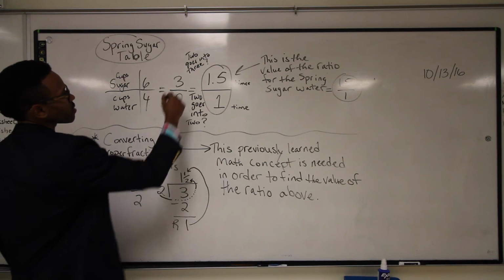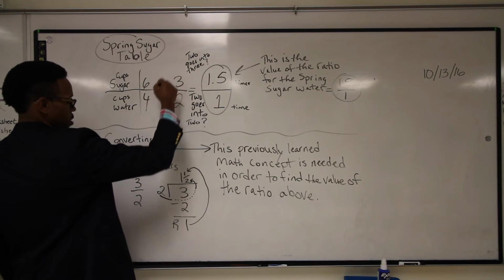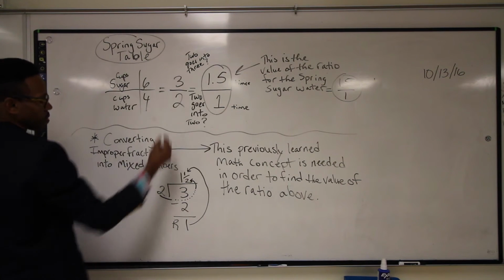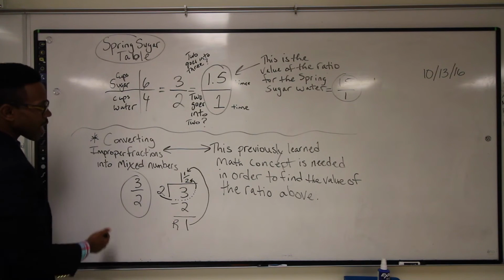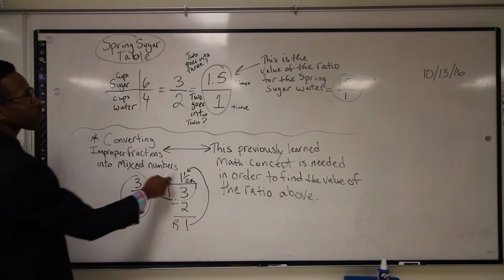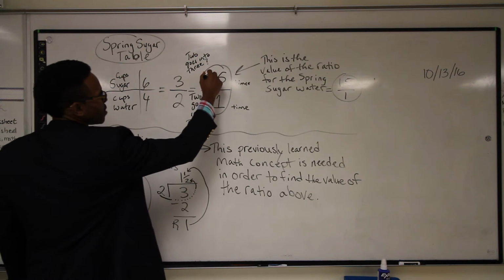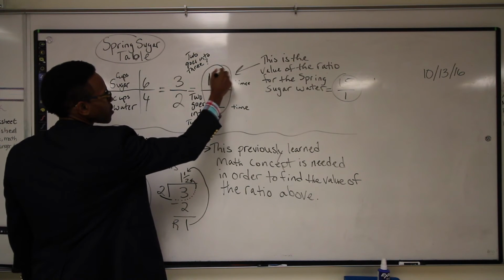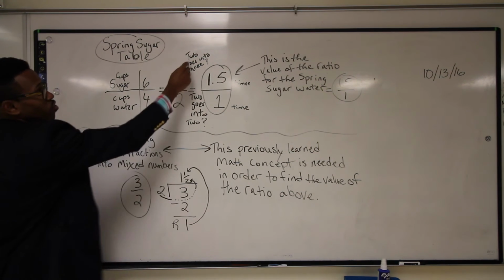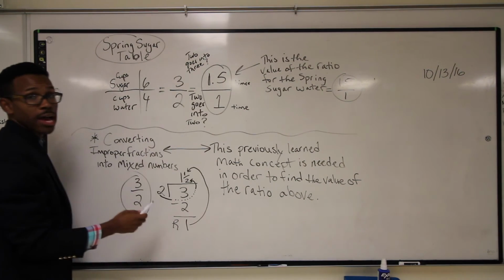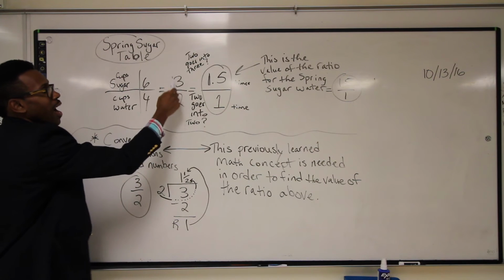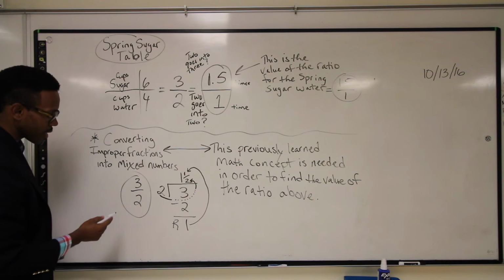Essentially I need to take this 3/2 here, and convert it, because this is how I got this 1.5 here. 2 goes into 3 how many times? 1.5 times, but I need to show you how I got there. How did I get that answer?